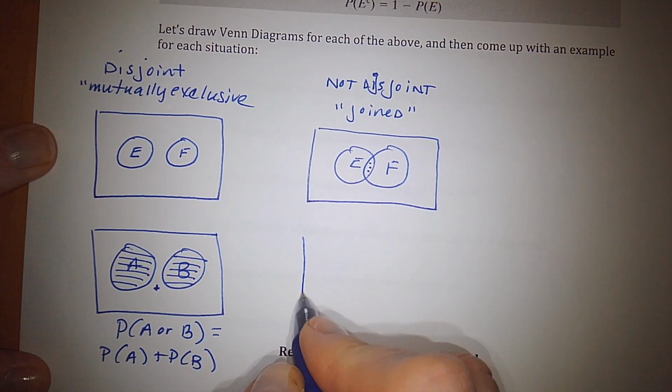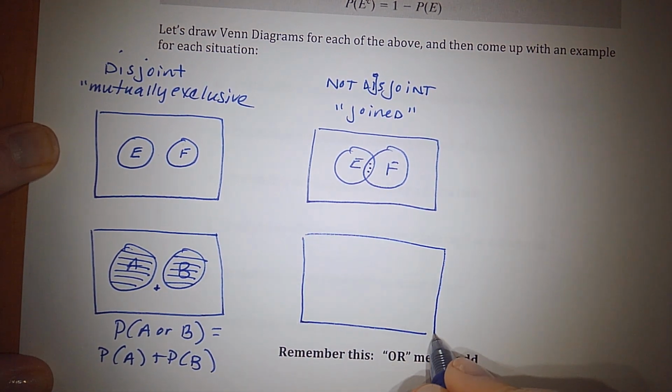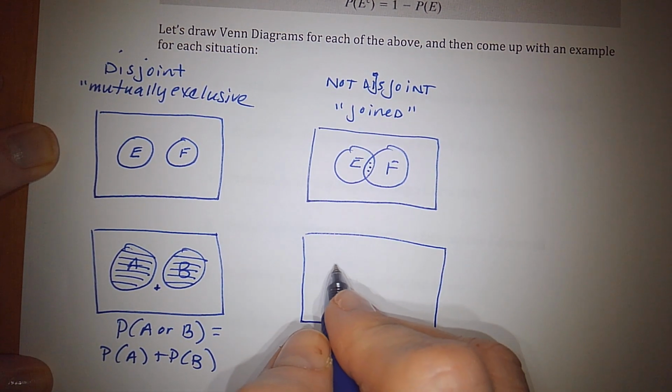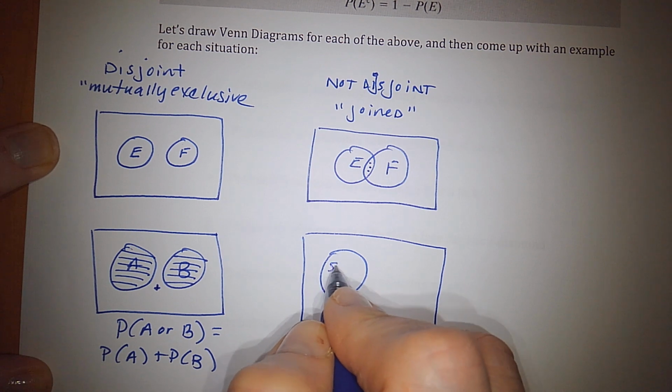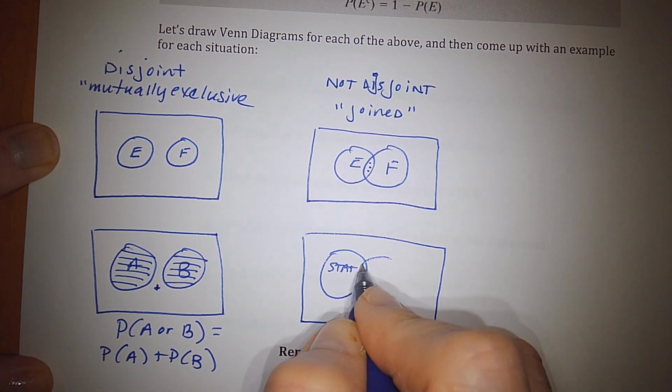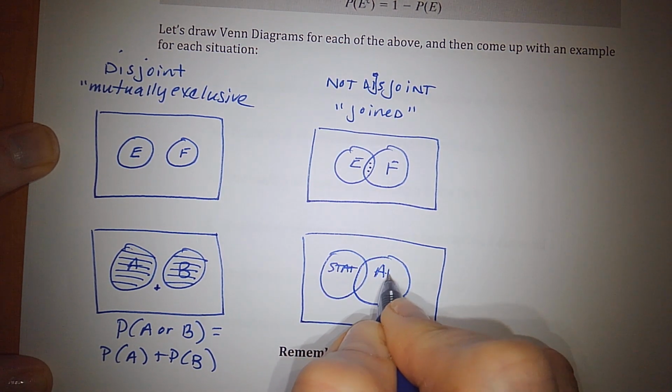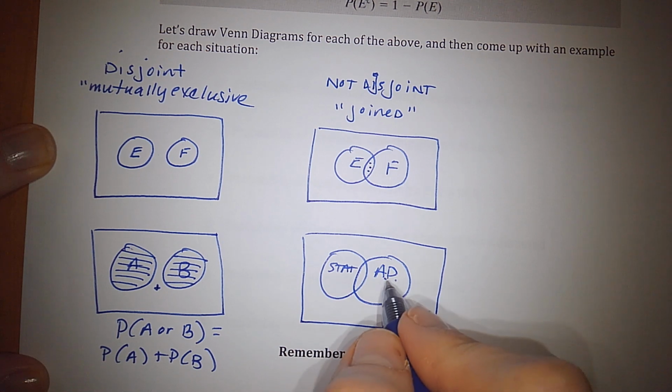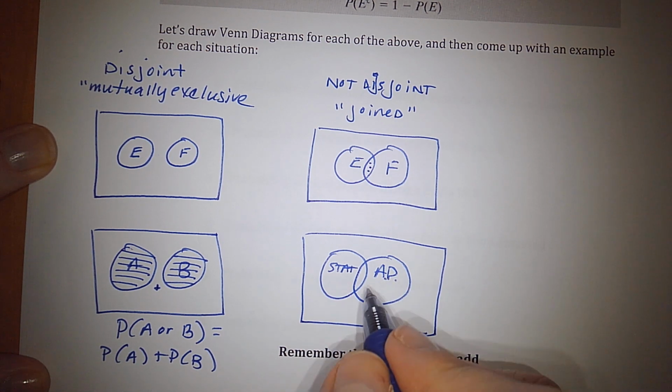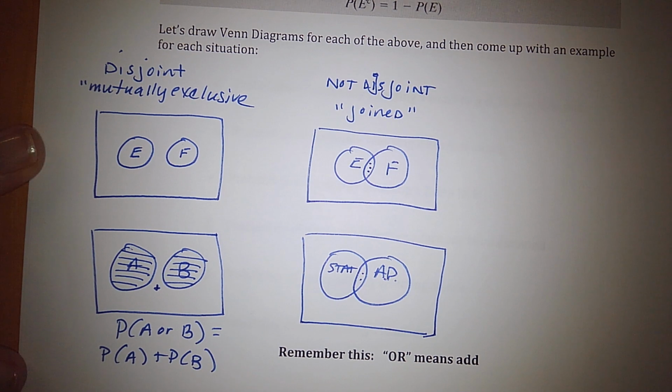Okay? So for example, the example I gave earlier was you could be in a statistics class, or you could be in an advanced physiology class, or you could be in both classes, right?